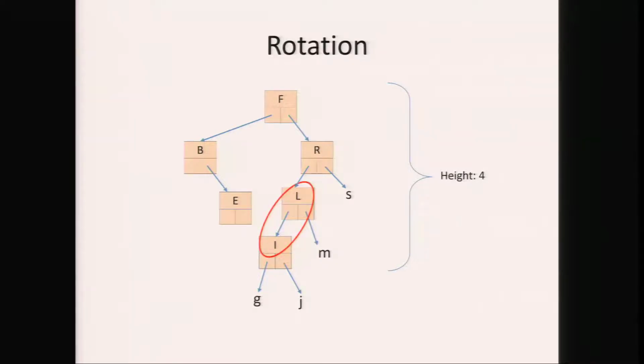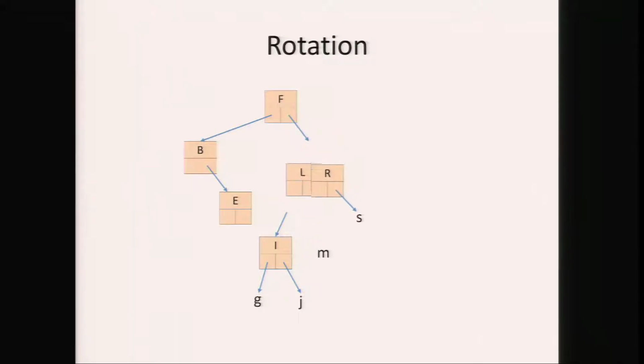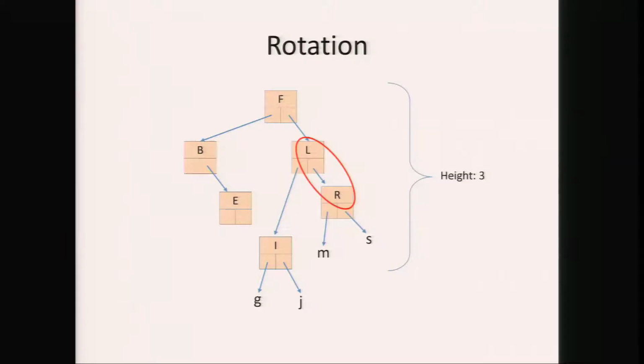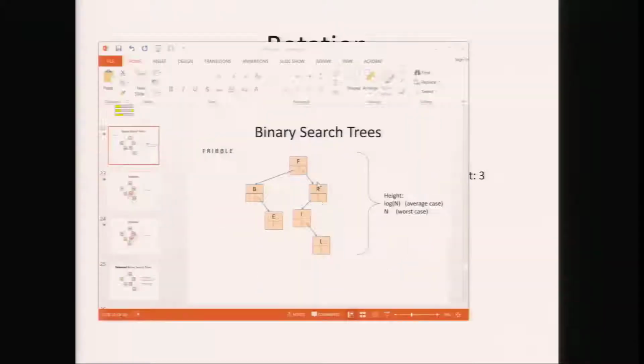That didn't actually decrease the depth of the tree any. But now we can do a right rotation on this L and R, swap them around, leaving their subtrees, basically I, M, and S, in place. And now the height of the tree has decreased. So the idea of balanced binary search trees is that by using rotations, sometimes two rotations together, we can locally decrease the height of the tree.